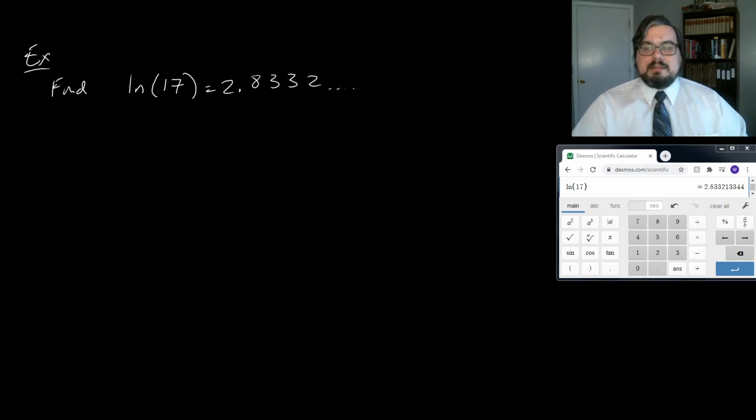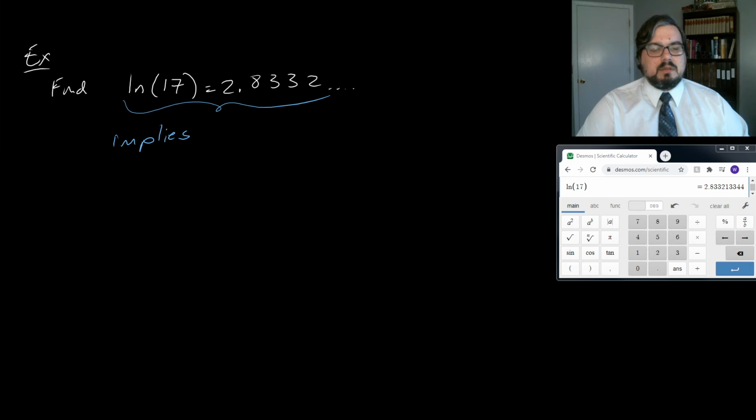Now, an additional point that doesn't have to do specifically with the natural logarithm, but this is a good place to explain it. One of the things this implies, that's sometimes a helpful thing to note, is that 17 is between e squared and e cubed.